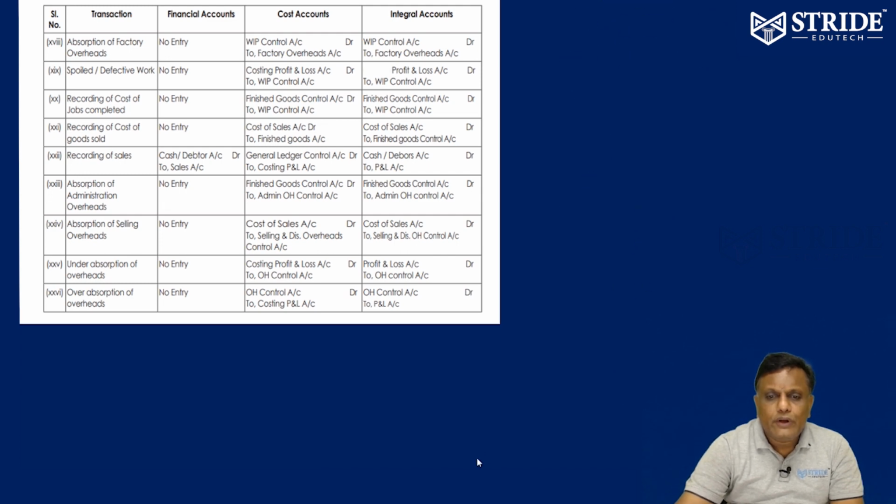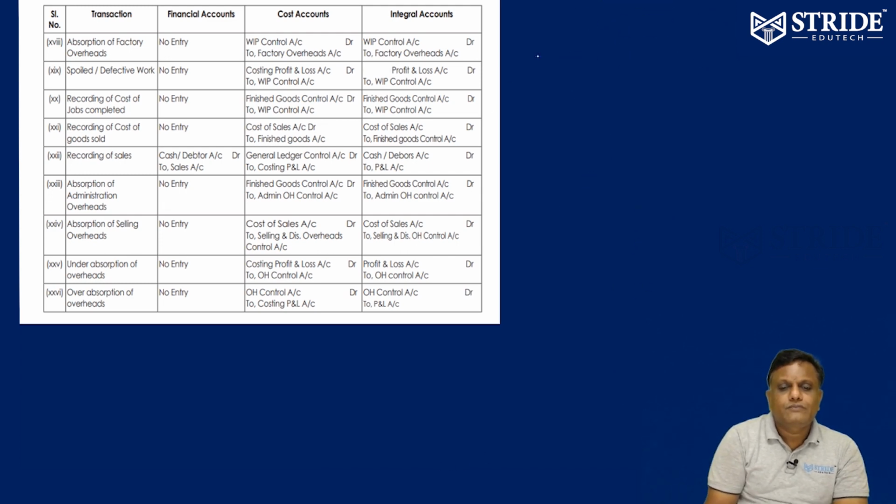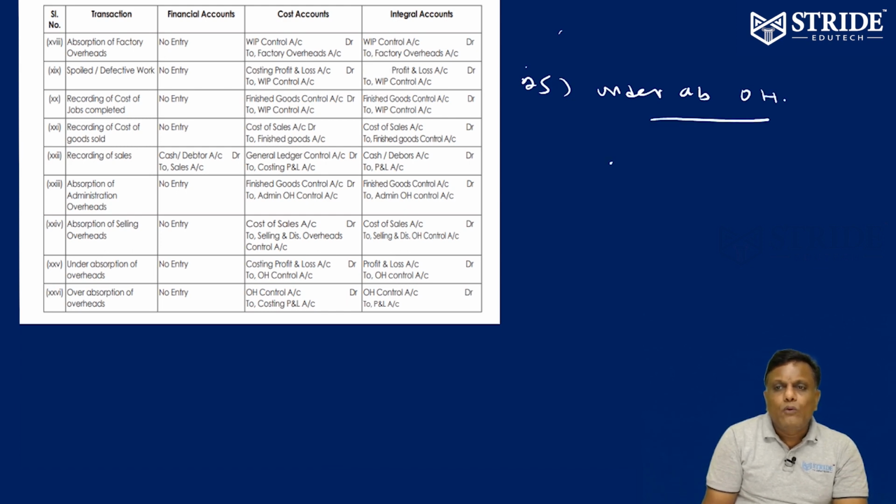Transaction number 25, under absorption of overheads. What is under absorption? Estimation is less than actual. Estimated overhead is less than actual overhead, which means we have a loss.